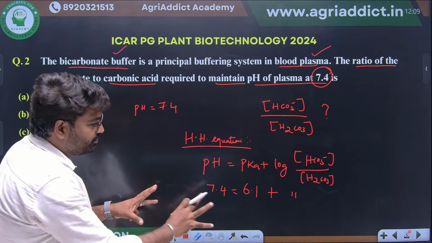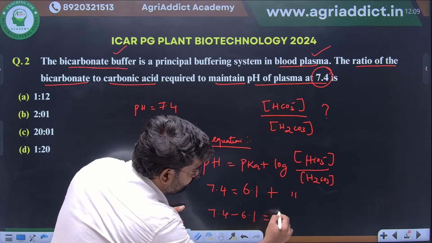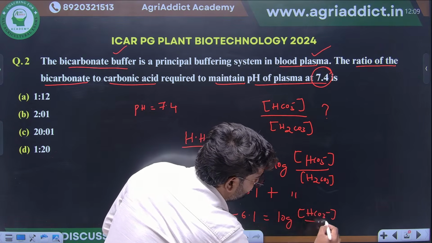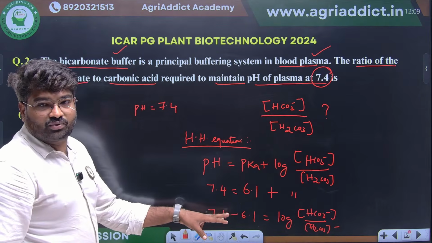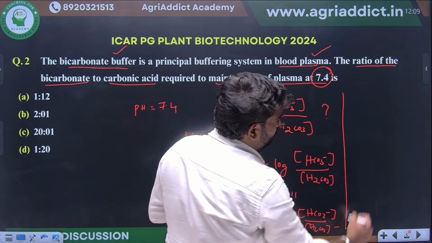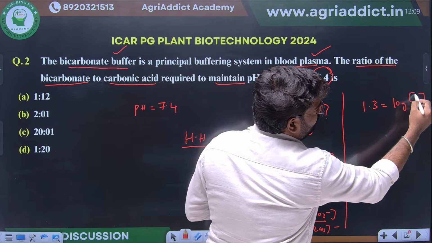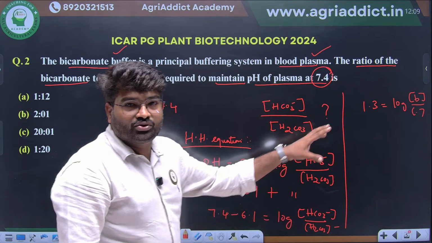Just simple mathematics. 7.4 minus 6.1 equals log of the concentration of bicarbonate by H2CO3. If you subtract, it will come to 1.3. So 1.3 equals log of bicarbonate by carbonic acid. Now, how to solve this one?